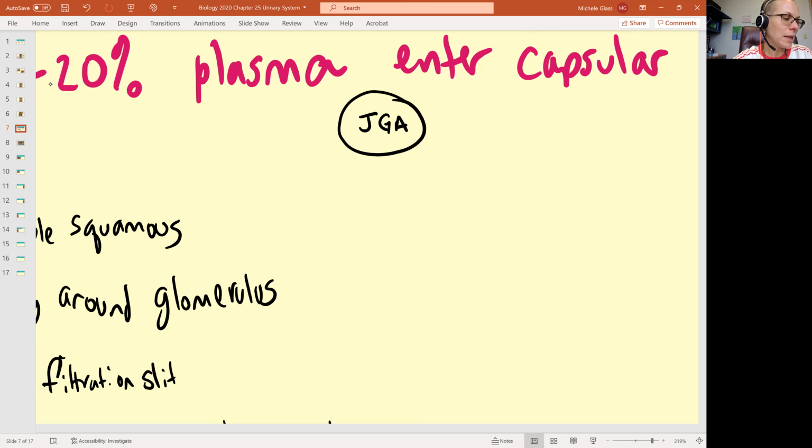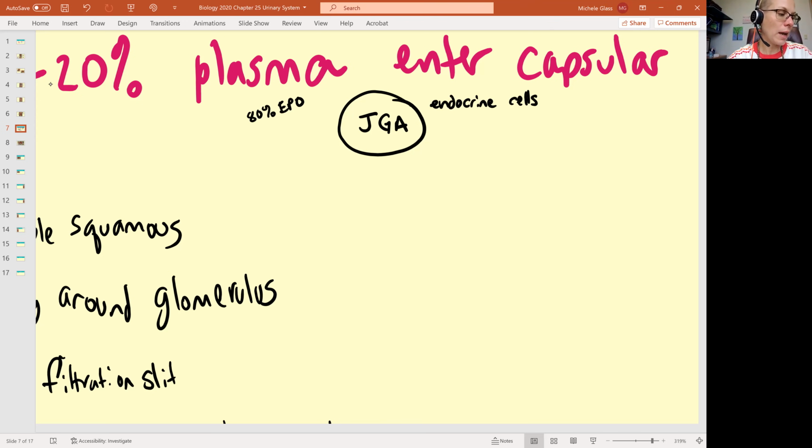Now we're going to see that these are basically your endocrine cells. When we talk about the job of the kidney, we've mentioned it's producing 80% of the erythropoietin. So we're seeing that's happening from this group of cells here.